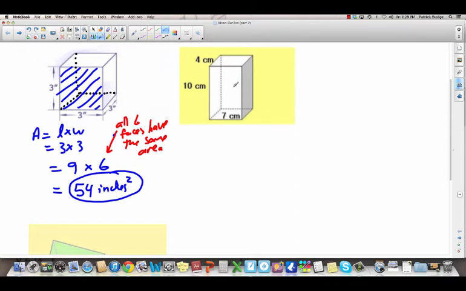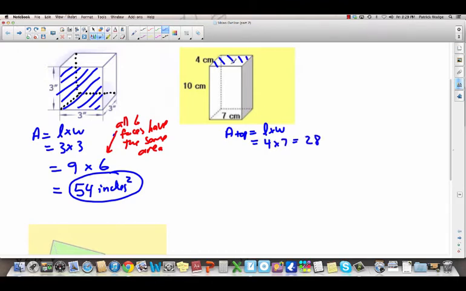Okay, next one. This is a rectangular prism. Again, it has 6 faces. Let's take a look at one face. How about the top face up here? So the area of the top, well, it looks like a square. It's actually a rectangle, so it's length times width. What's the length and the width of that? Well, it's definitely 4 this way. How much this way? It's going to be the same as this, 7. So it's 4 times 7 equals 28.